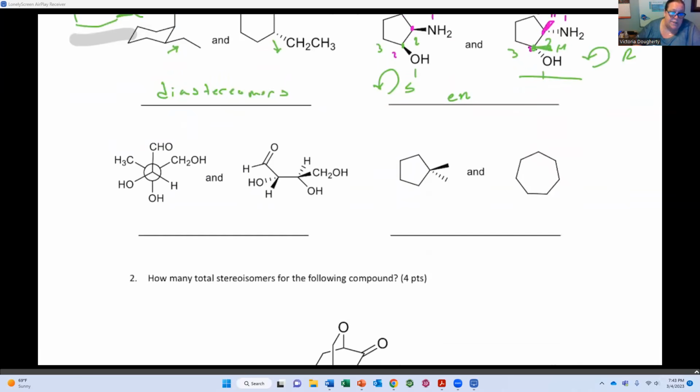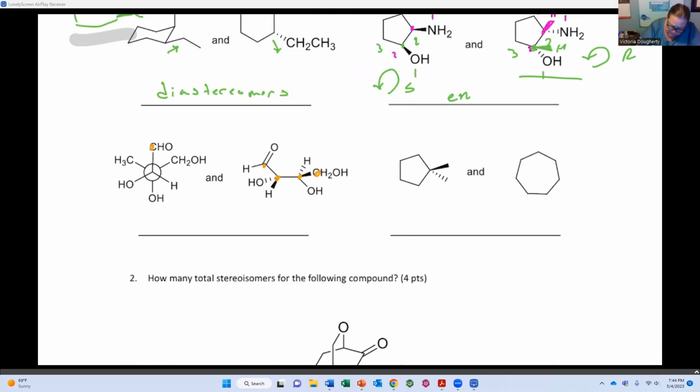All right, so this next one. Again, there's more than one way to approach this. I'm going to show you how I would approach this. First thing I'm going to do is find my longest carbon chain, which is 1, 2, 3, 4. I'm going to do the exact same thing on the second carbon.